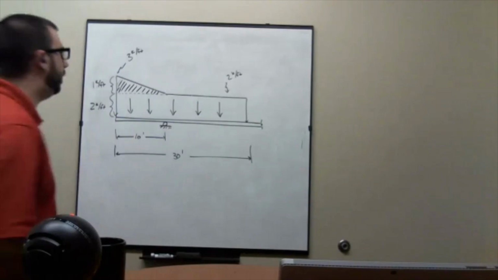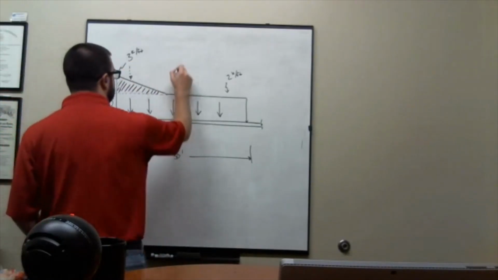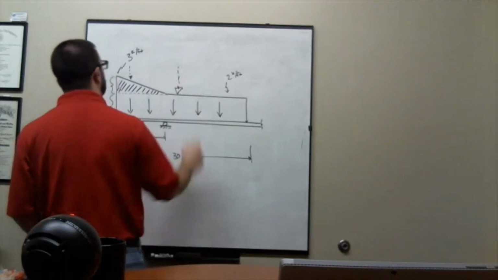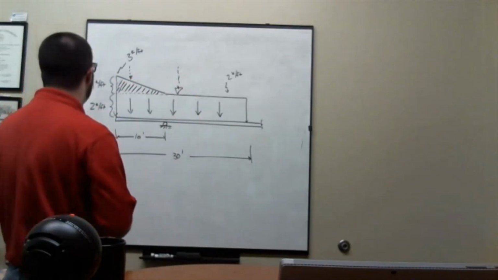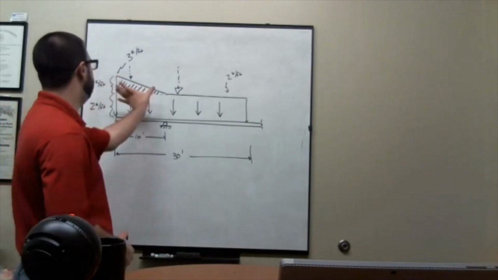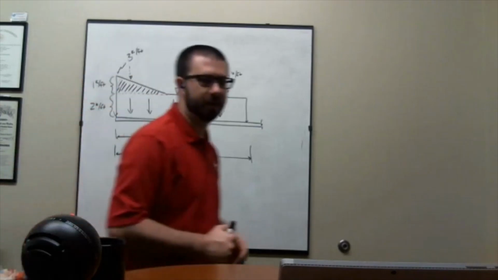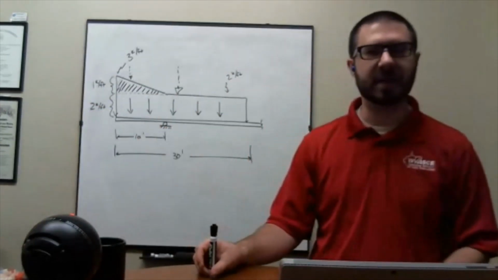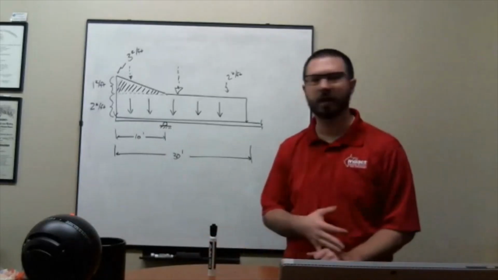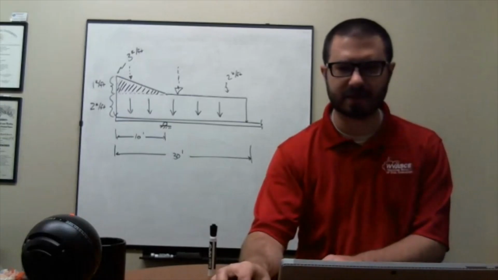If you're idealizing each as a point load, the triangular load would be 1/2 of 1 times 10, and the rectangular would be 2 times 30. It might look a little funky, but it's no different than any of the other loads that we've handled for the past few lectures. Does that make sense? Anybody have any questions on that?